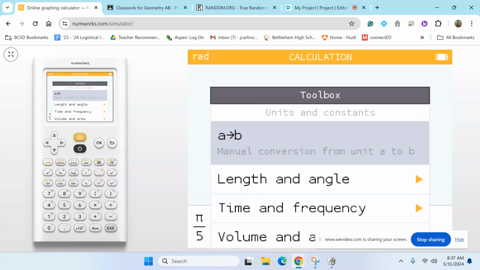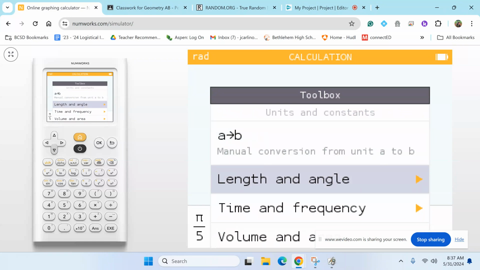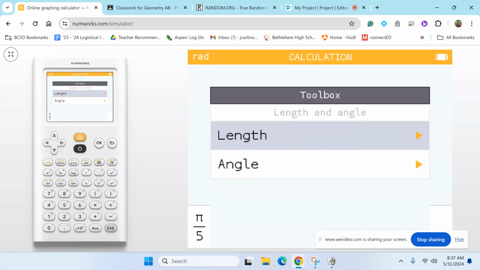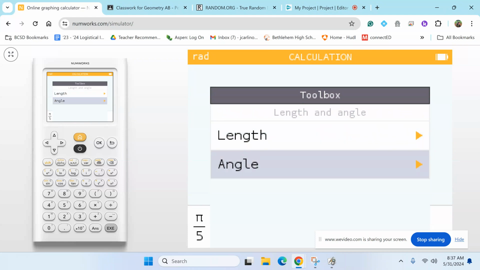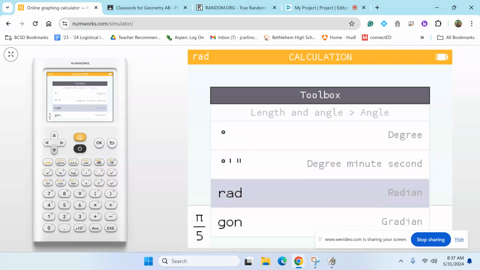Where do you think I want to go now? Length and angle, right? Because we're talking about an angle, length and angle. And then which one do you think we want? Angle, yeah. And then everyone see radian. So attach RAD to it. Can everybody get there? We're all right?